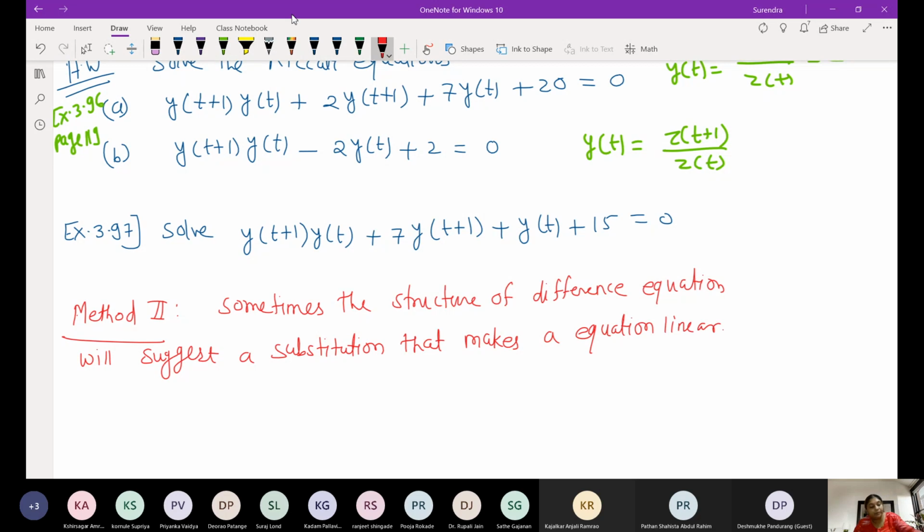So if by seeing that form we can use a substitution, our equation will be linear.